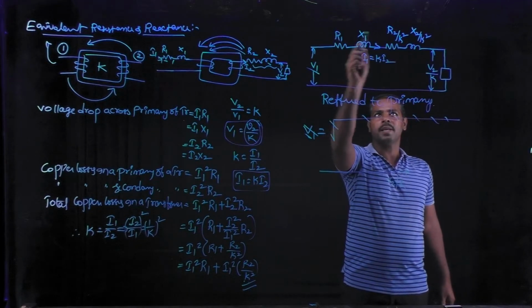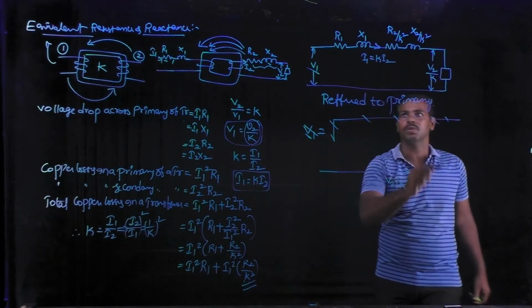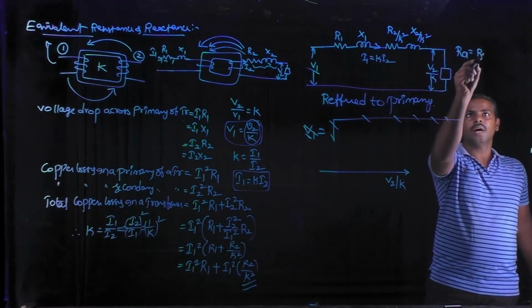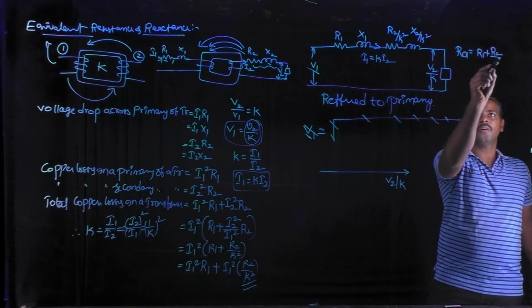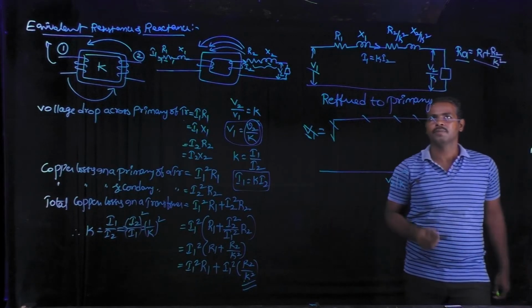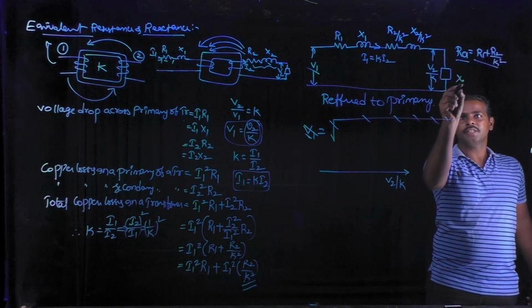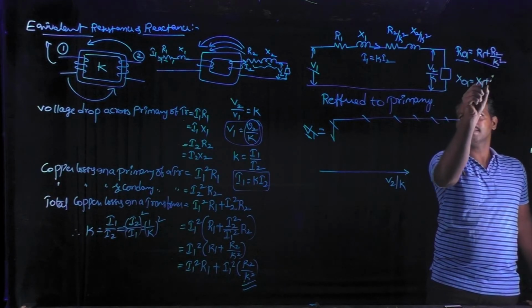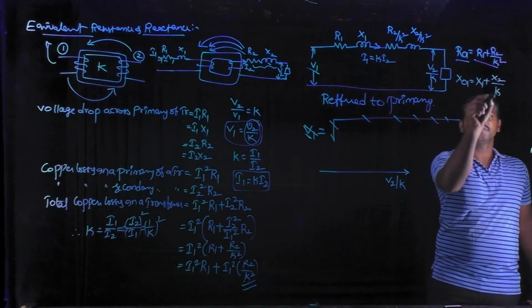So R1 plus R2 divided by K square. That means R01 is equal to R1 plus R2 divided by K square. Similarly, X01 is equal to X1 plus X2 divided by K square.